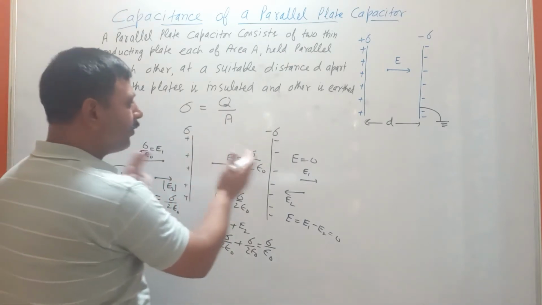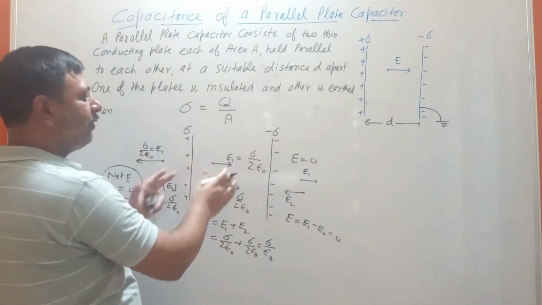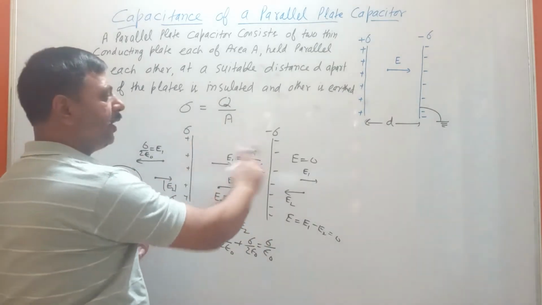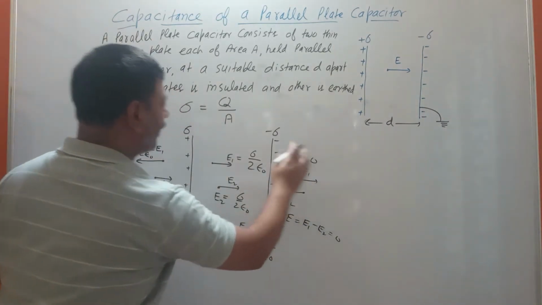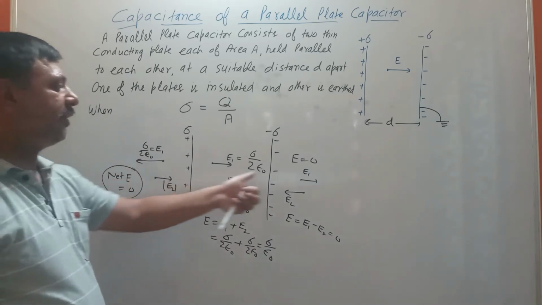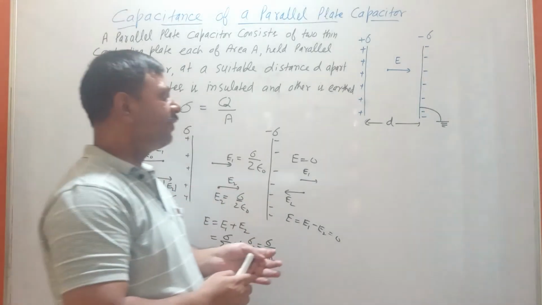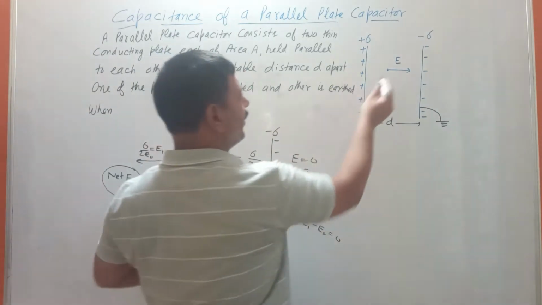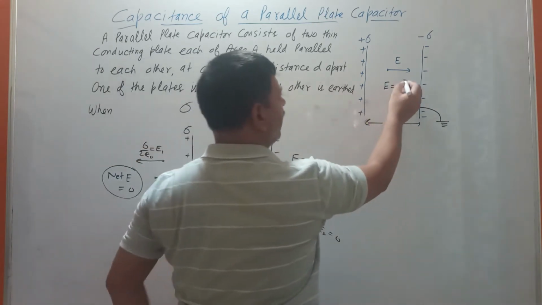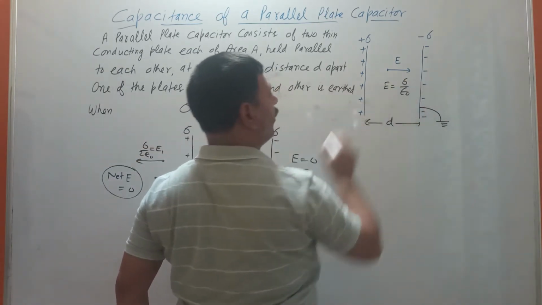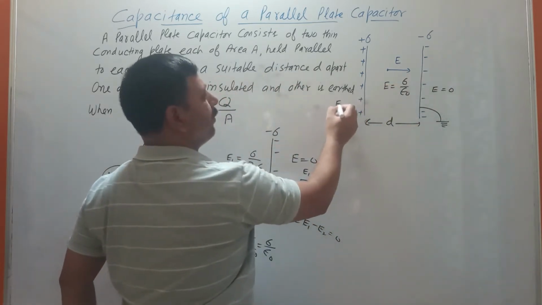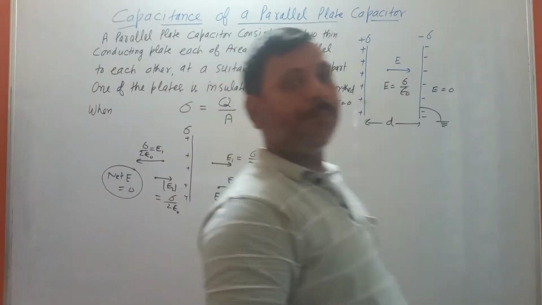So the electric field between the plates is sigma upon epsilon naught from positive plate to negative, and outside the electric field is 0 because the fields are equal and opposite.